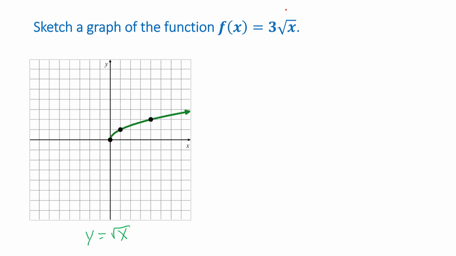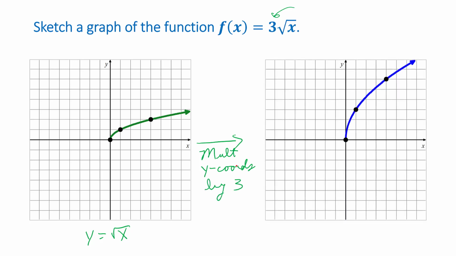We're affecting the output of the function. And so what we're going to do here is we're going to multiply the y coordinates of our original graph by 3, and we end up with a graph that looks like so.